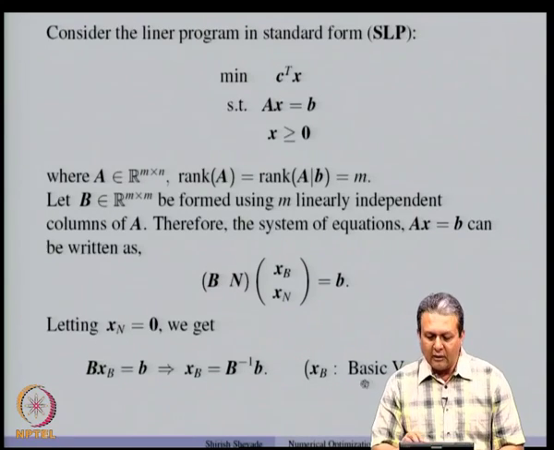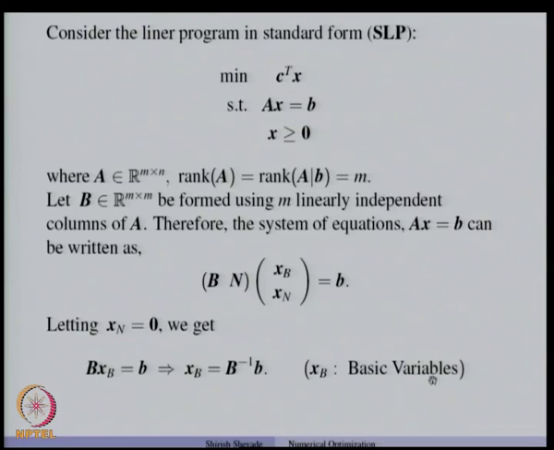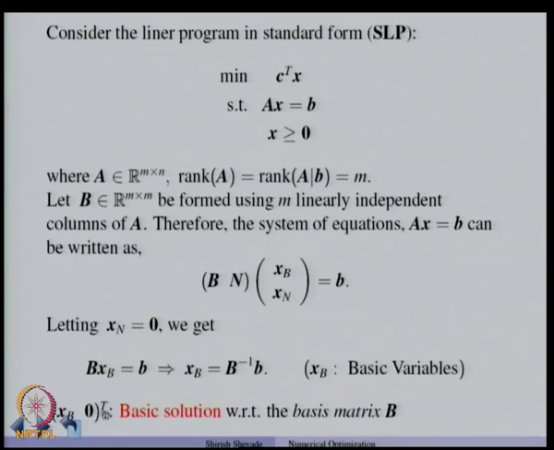Now, such xB is called the basic variable or the set of basic variables. So, xB denotes the basic variable associated with the basis matrix B, and since we have let xN to be 0, so xB and 0 gives us what is called the basic solution associated with the basis matrix B.